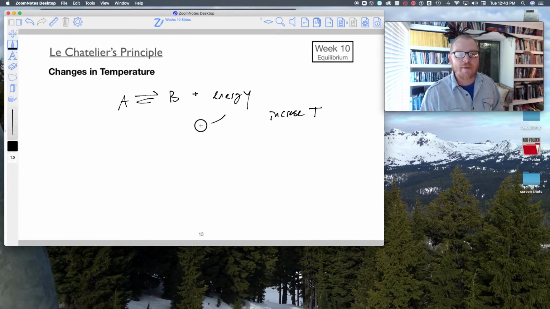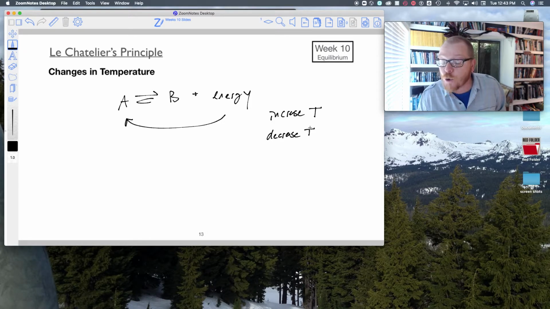And that's going to make the reaction favor the reactants, right? Okay, so that's why if I decrease the temperature, if I have a low temperature in an exothermic reaction, we know that it's going to favor products, okay?